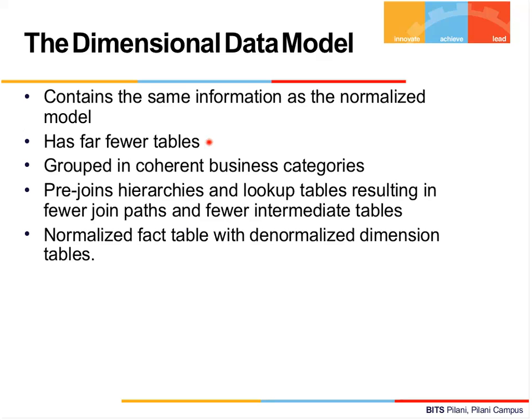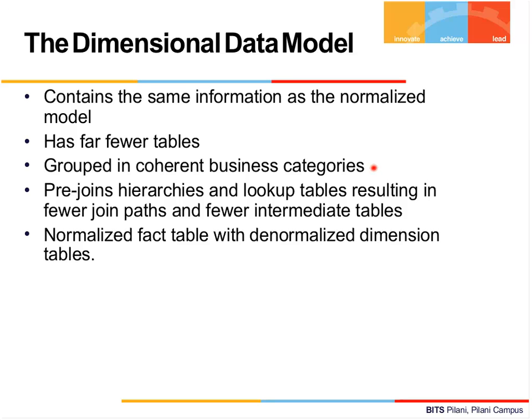That's all. So they don't need to understand all the tables that are behind the scenes processing and getting to that point. So in my view here, far fewer tables means I'm talking strictly about the dimensional model, where I have dimensions and fact tables. That's all I'm talking about. Okay, so grouped in coherent business processes.